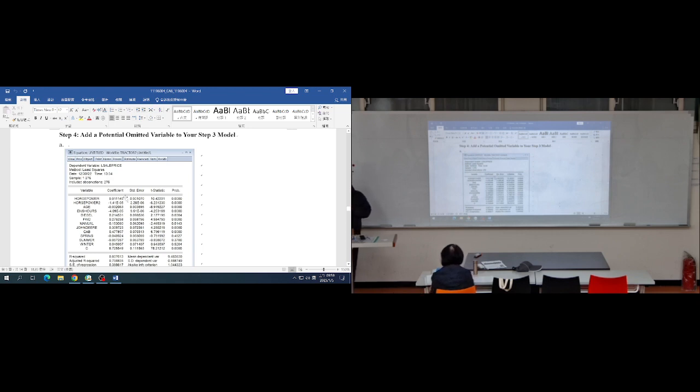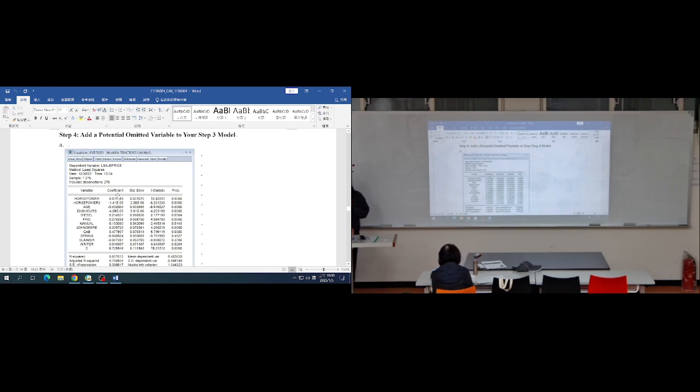According to the statement, it says if the tractor has a cap, it may come in handy in bad weather. So it may have a positive relationship with the price. That's right. So we do add in this variable, then this is the result.